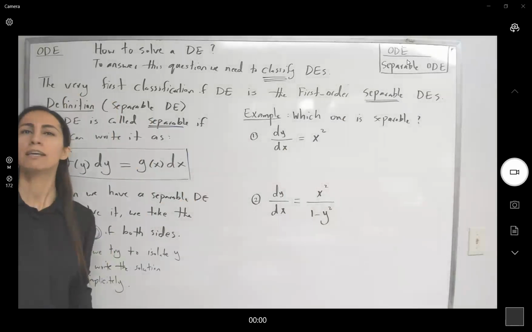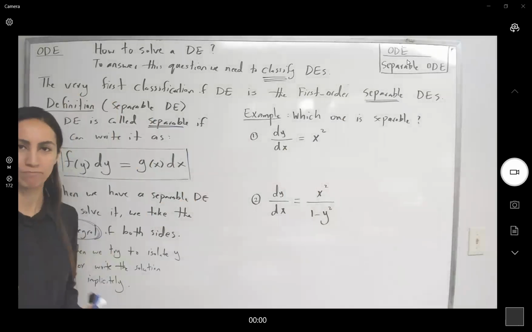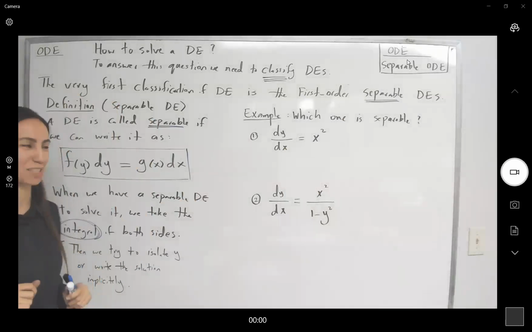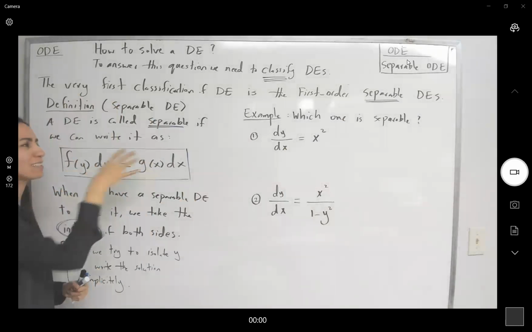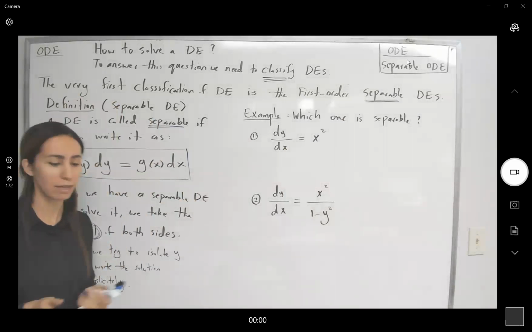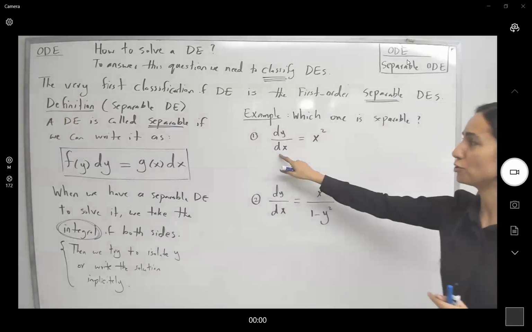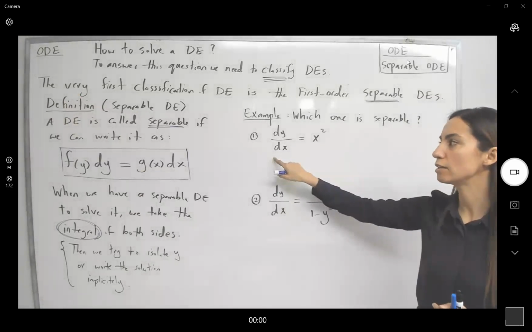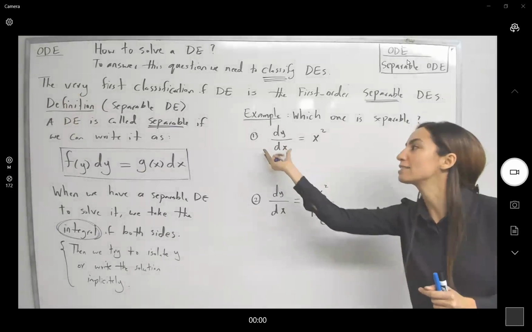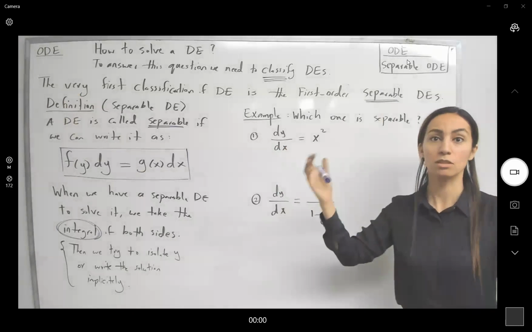It says, hey, simply do the algebra. Nothing calculus about this. It says, hey, all of y's on one side, all of x's on the other side. So let me do some algebra. I'm seeing x squared on the right-hand side. How do I take dx and separate it from dy? Simple algebra.